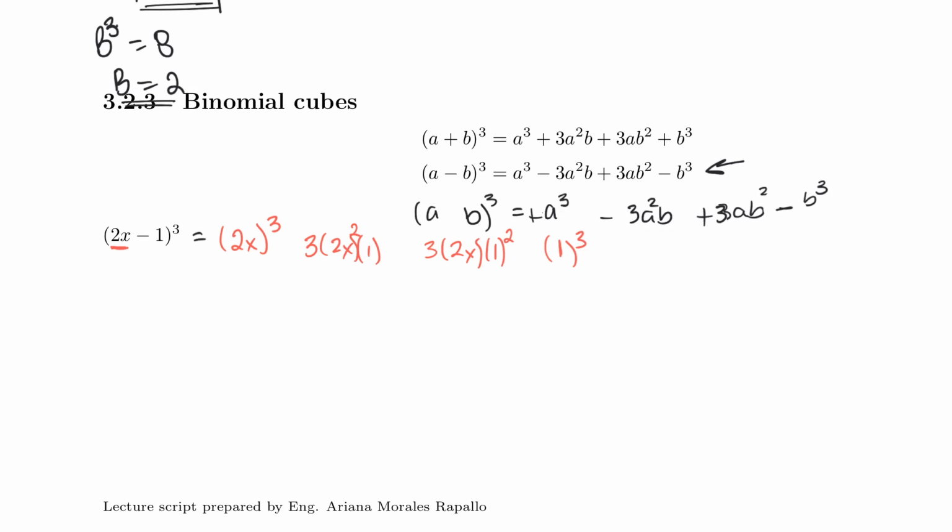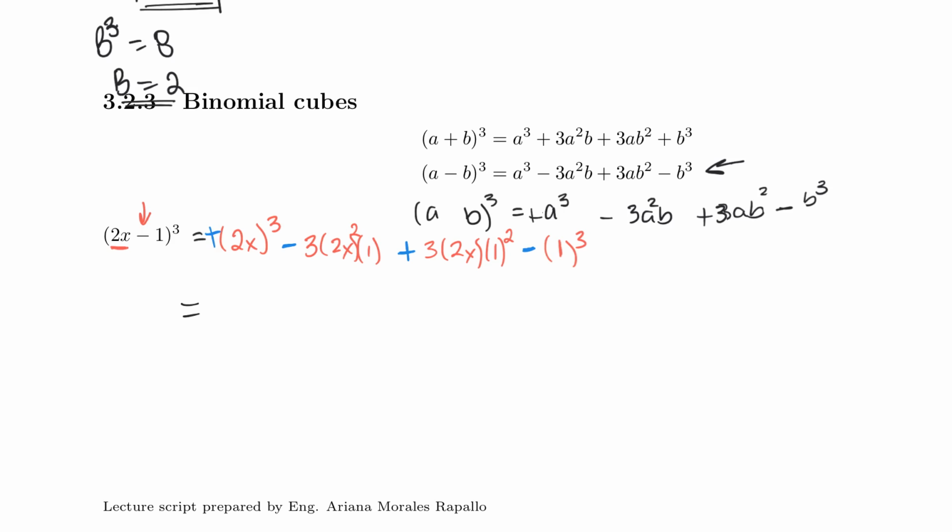And now we deal with the sign. Since we have a minus right here, we know we have to alternate starting with plus. So the signs will go plus for the first one, minus for the second, plus for the third, minus for the fourth. And this is the expansion. The only thing left is to solve it and apply the powers to the terms.